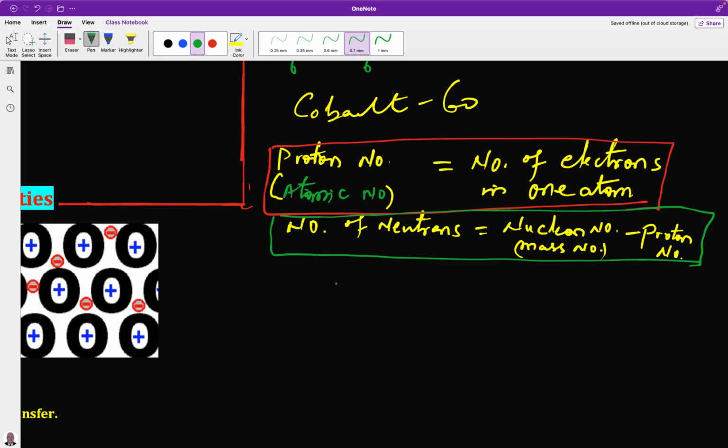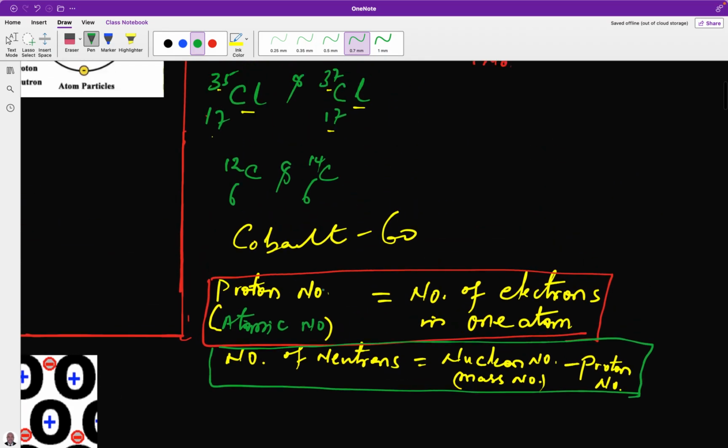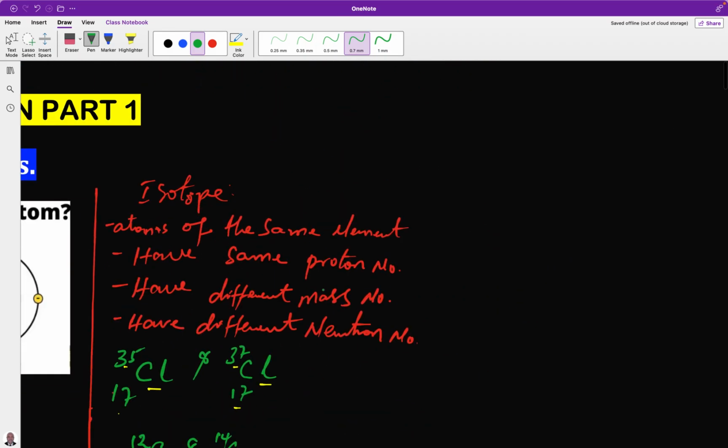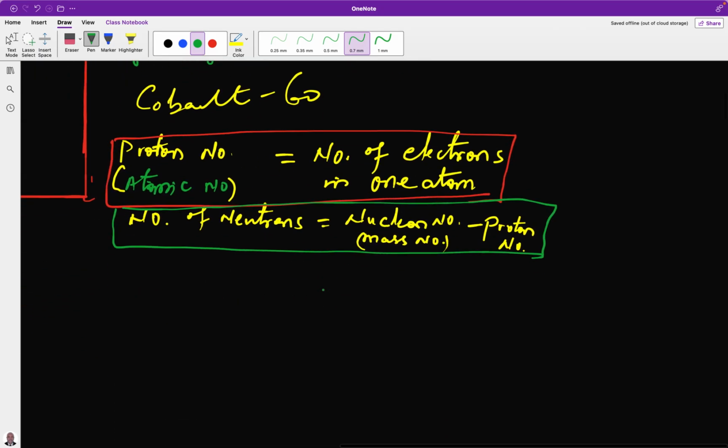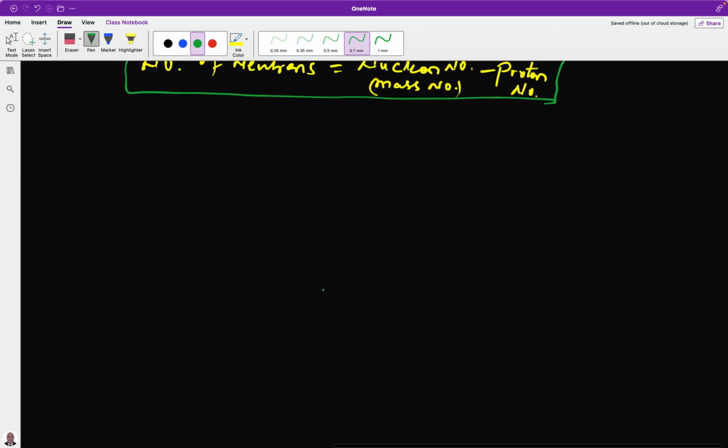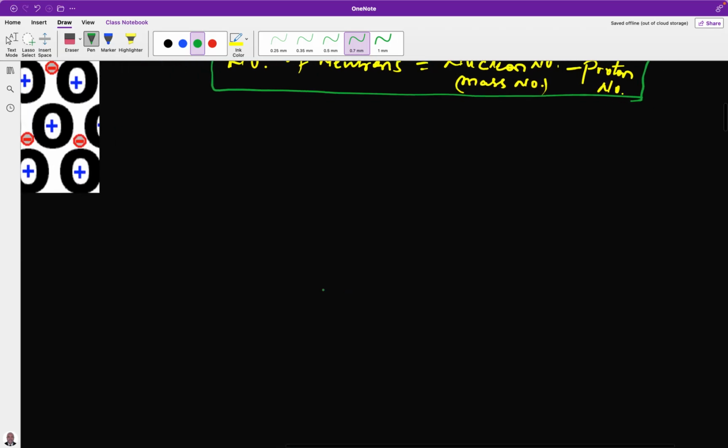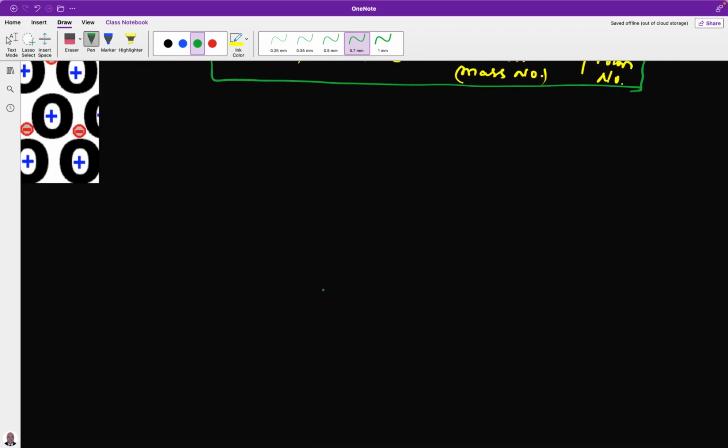Then, if I might ask, why are atoms neutral? Or why do atoms have no charge?